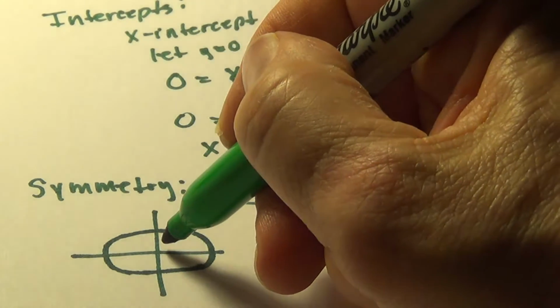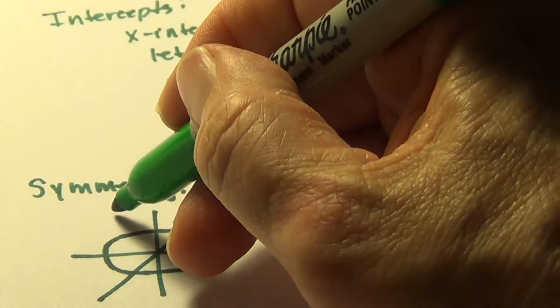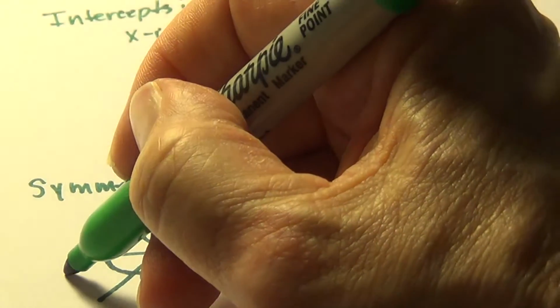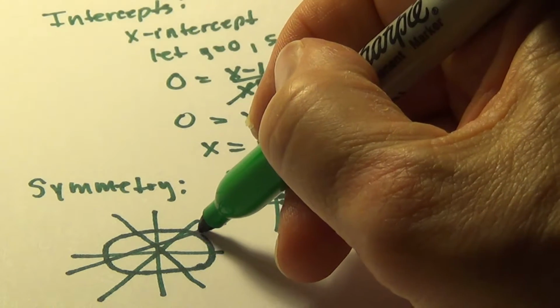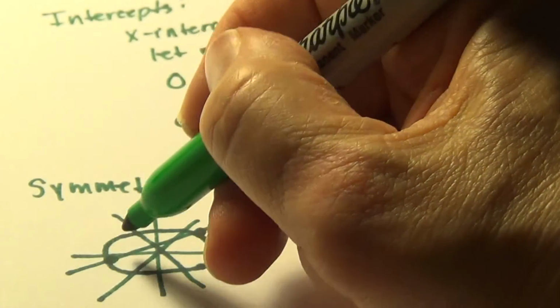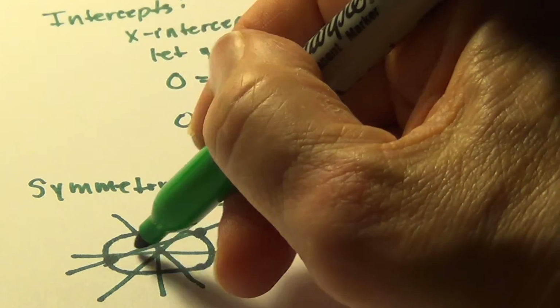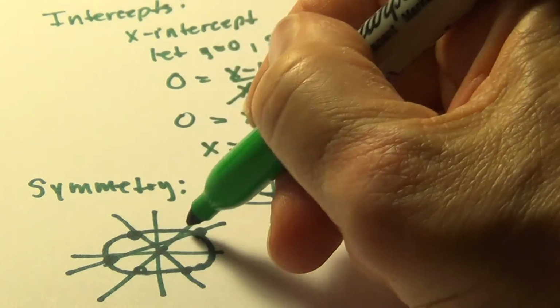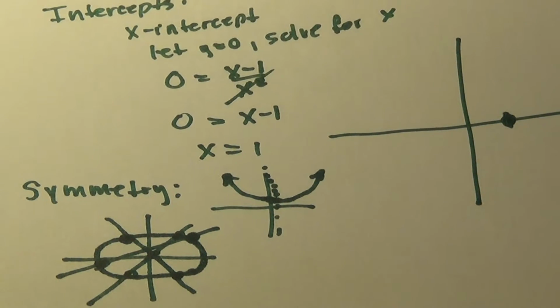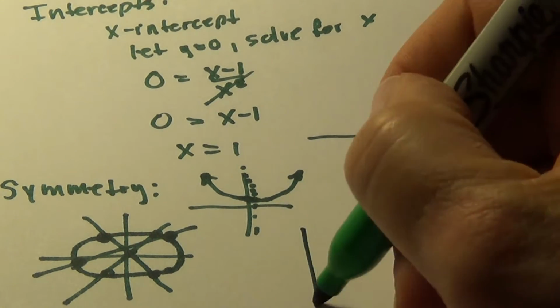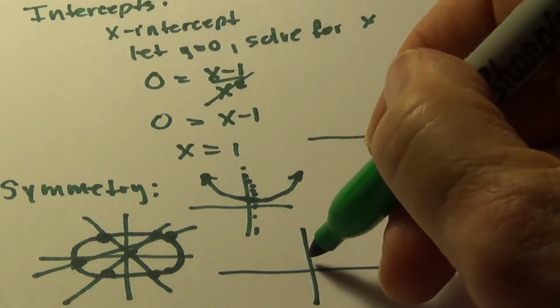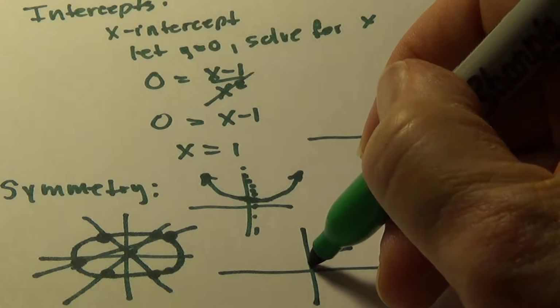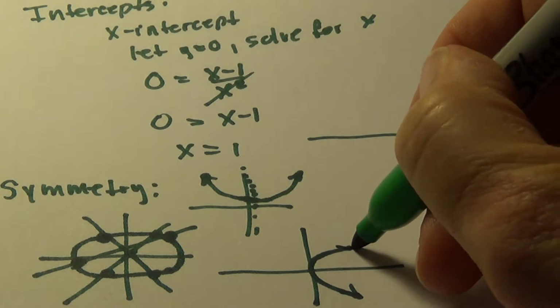So if you draw 100,000 million billion lines through the origin, on each one, the values on the graph are equidistant from the origin. And that was called symmetry to the origin. And then there was symmetry to the x-axis, where whatever is happening above is also happening below.